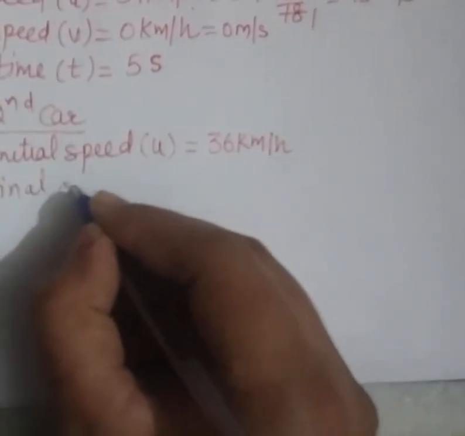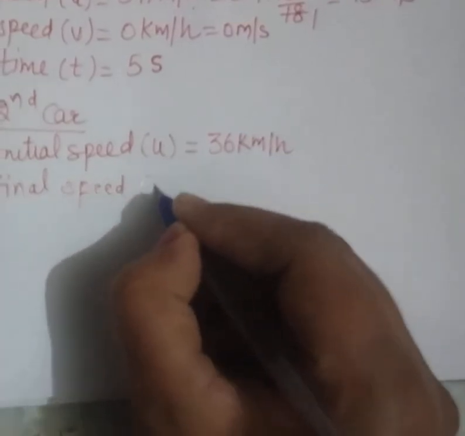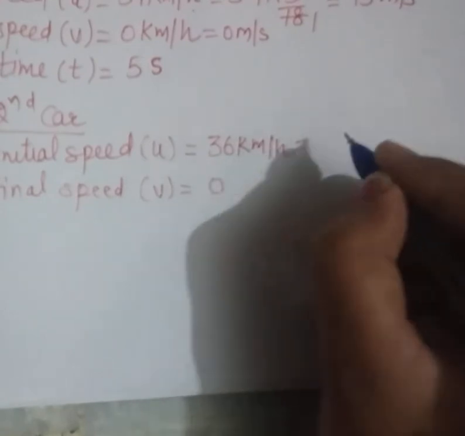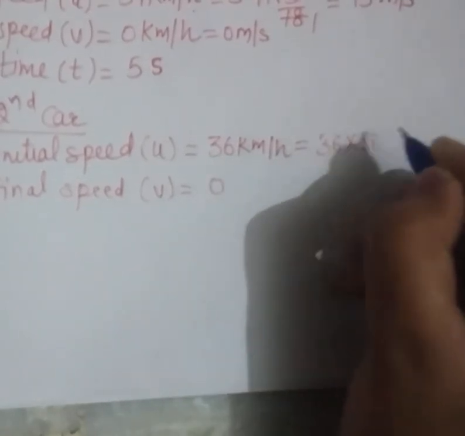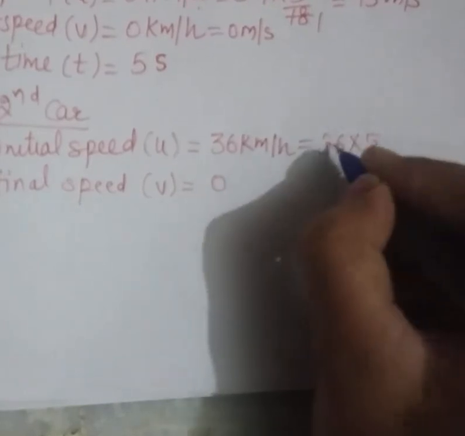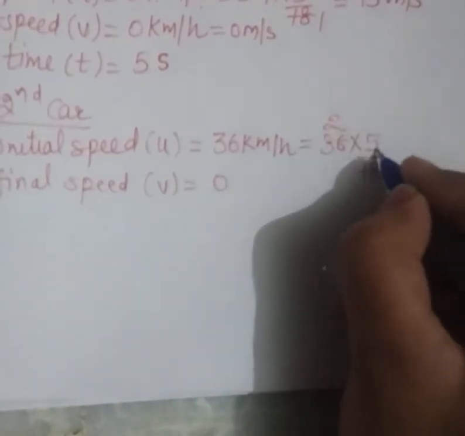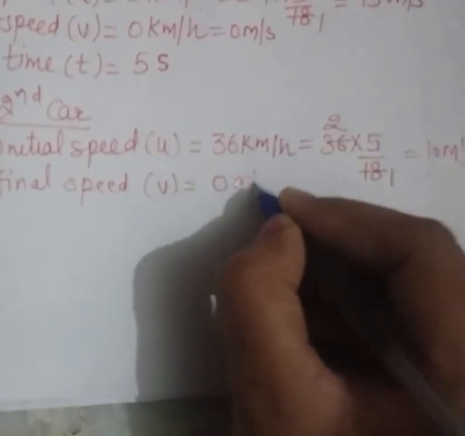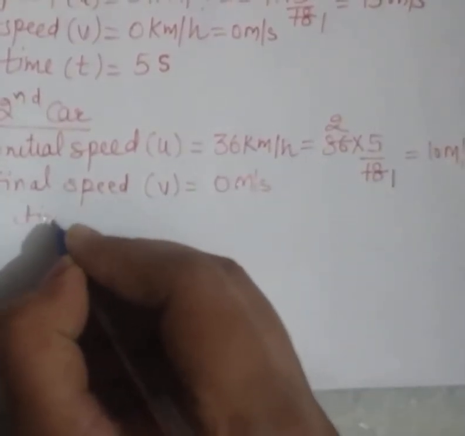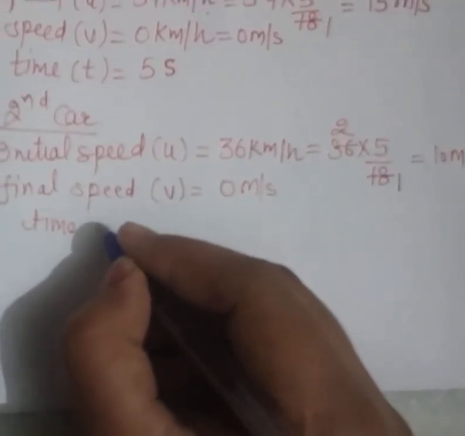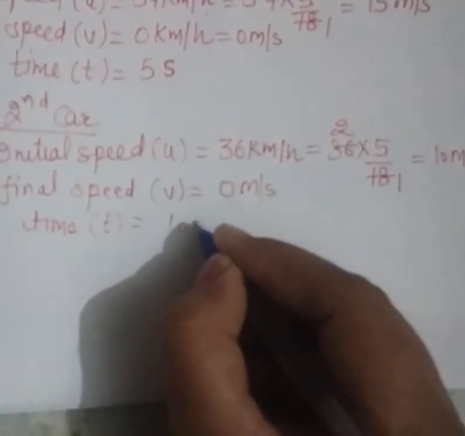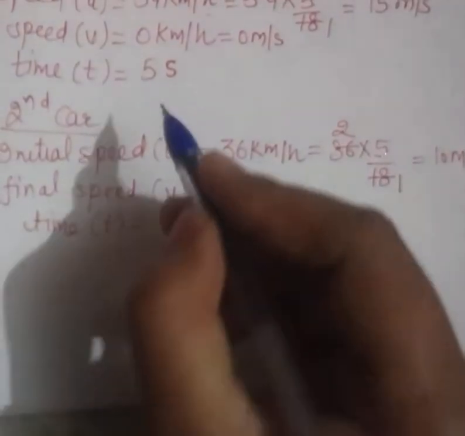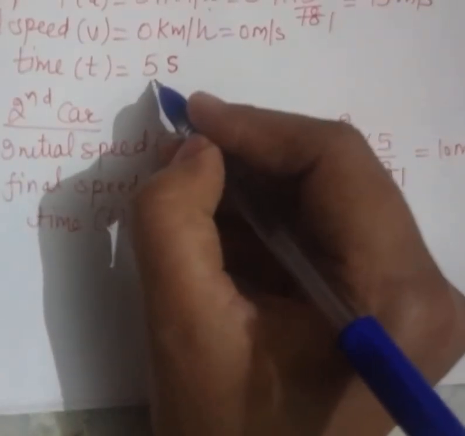Brakes means the car will stop, so final speed will be 0. But as usual, we have to convert into SI, so I am multiplying it by 5 by 18. 18 twos are, so 2 fives are 10. It's 10 meter per second and 0 meter per second. For the second car, time required is 10 seconds. As you know, as soon as you apply brake, the vehicle doesn't stop at the same moment.